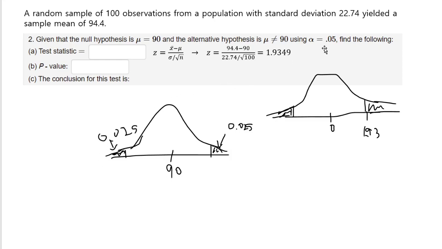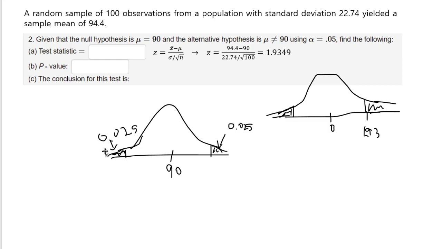The rejection region with 0.05 significance is that since it's two-tailed, you have to take half of this and find the point where beyond it is 0.025, because that's half of 0.05, right? So you have some value here where afterwards it will be 0.025 and there will be another one with 0.025. This is one of those values used widely enough that you should memorize: 1.96 and negative 1.96.